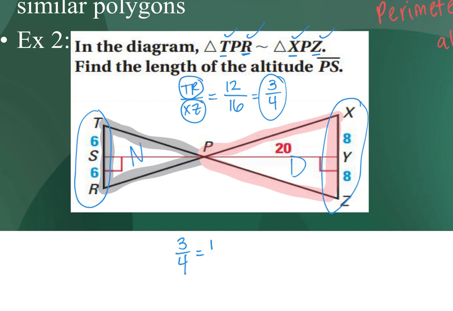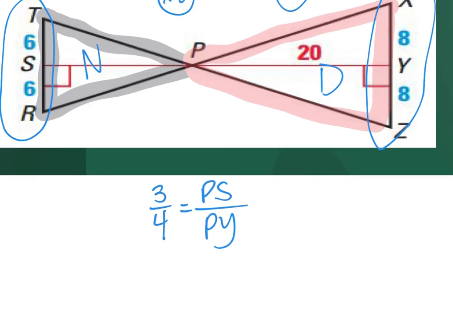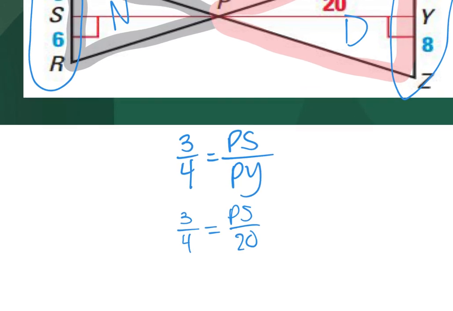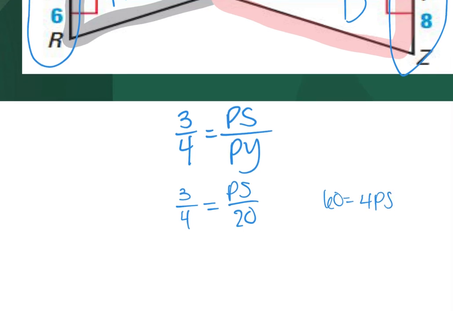So it's equal to PS, which is the altitude of the smaller triangle, over the altitude of the bigger one, PY. Okay? Now we know PY, but we don't know PS. But we can solve for PS, right? So 3 over 4 equals PS over 20. Cross multiply, we get 60 equals 4 PS. Divide by 4 to both sides, and you get PS equals 15.